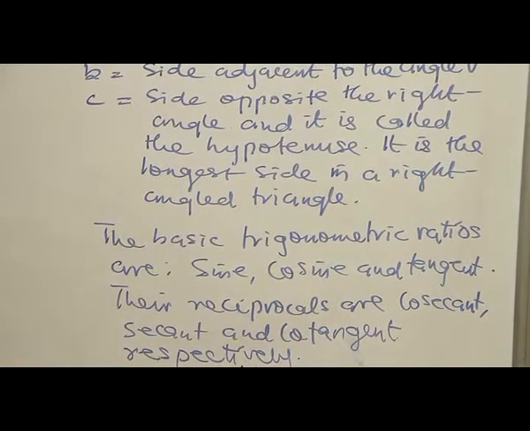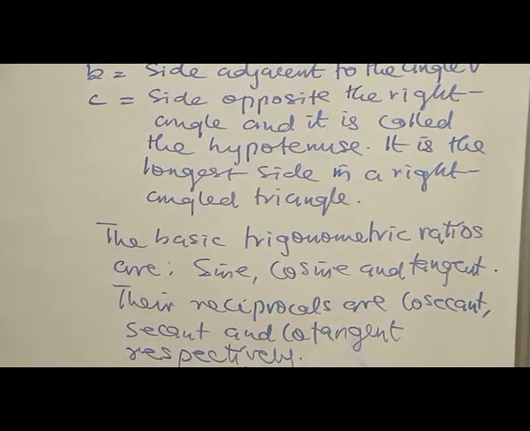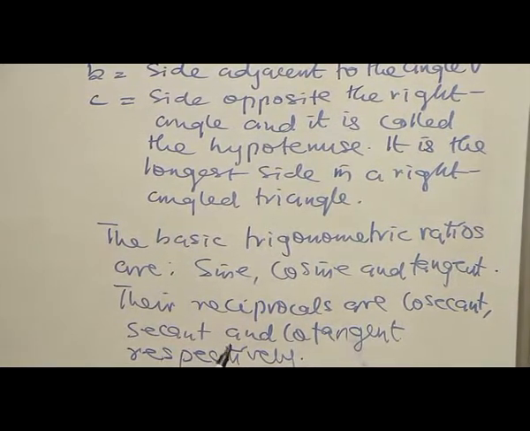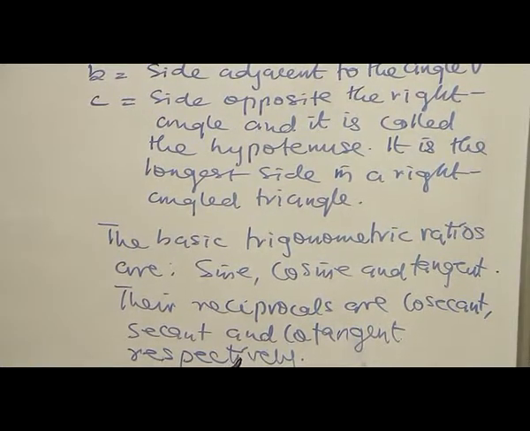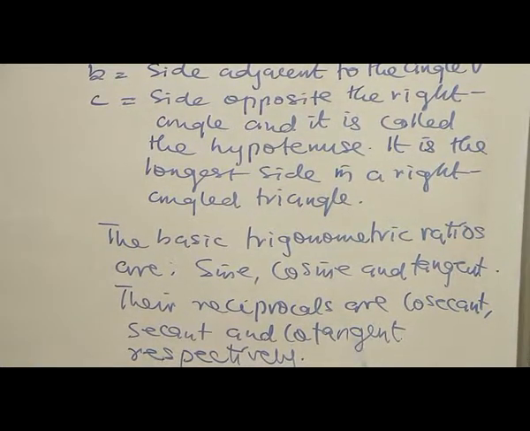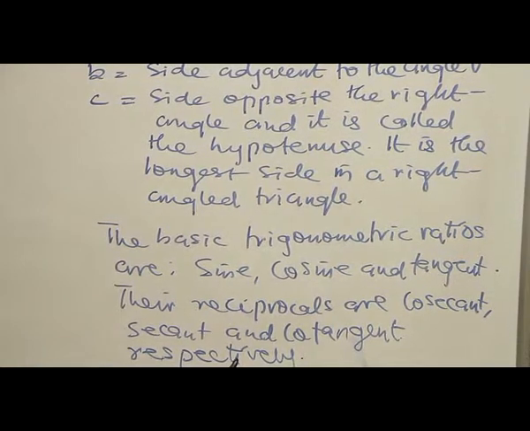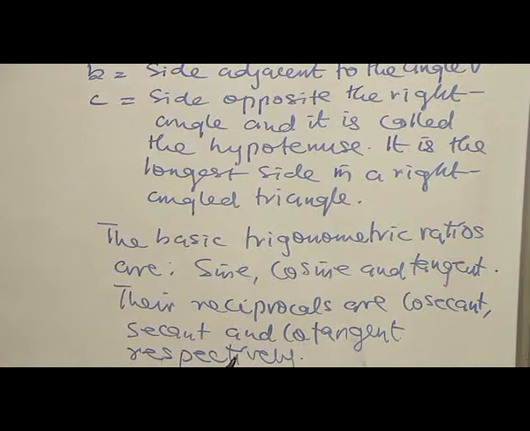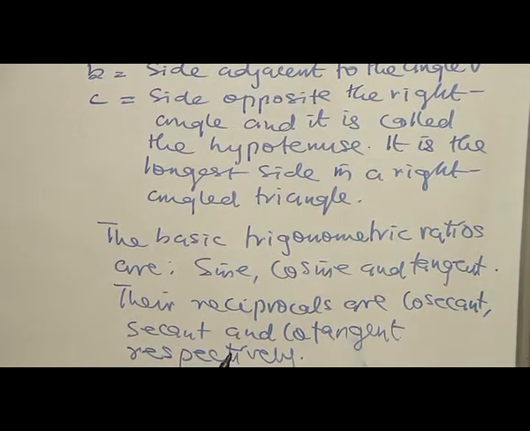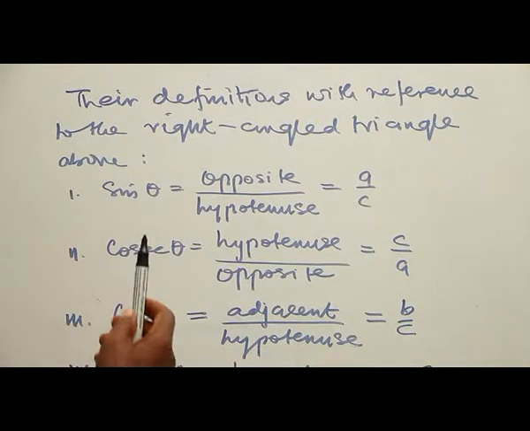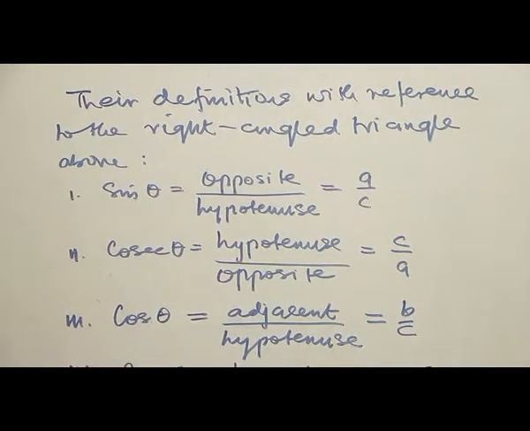In other words, the reciprocal of sine is cosecant, the reciprocal of cosine is secant, and that of tangent is cotangent. Sometimes shortened as follows: sine, we have cosec; cos, we have sec; tan, we have cot.